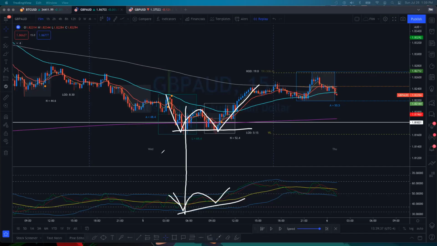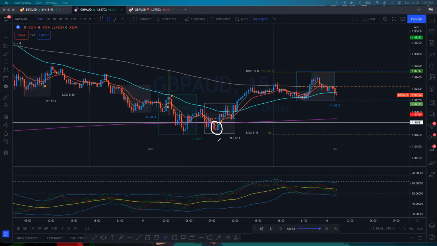Right? And you get a star pattern on the second leg. So that's your entry right there. You use a 200 as a take profit.